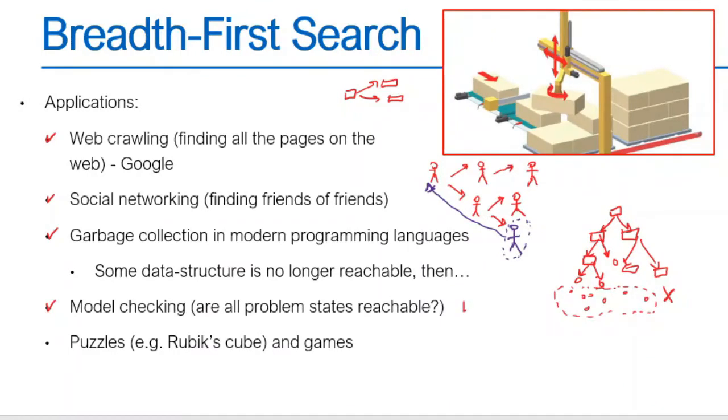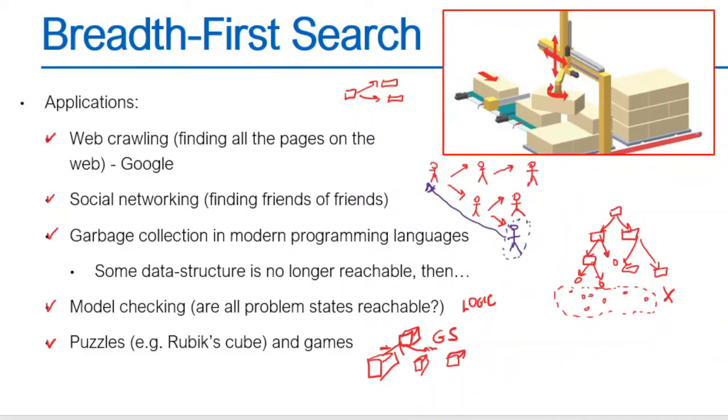BFS is also used in logic, in several applications, and also in games. You can imagine, for example, solving a Rubik's cube. You start from a certain game state of your cube, and then you have possible actions, action 1 to action n, leading to possible game states.